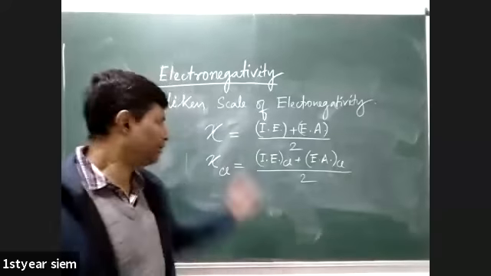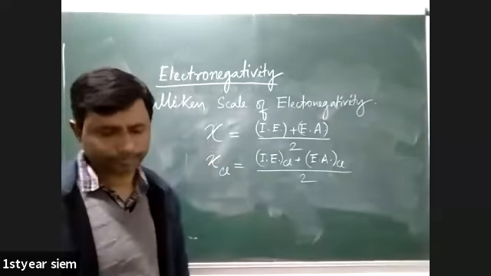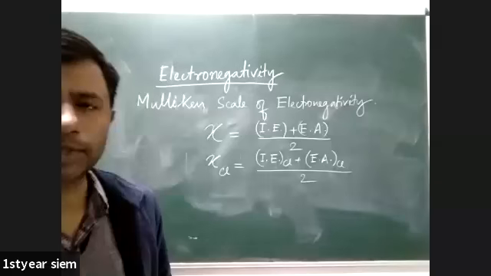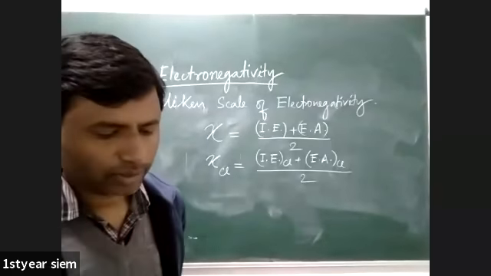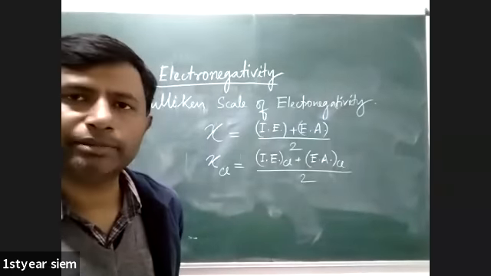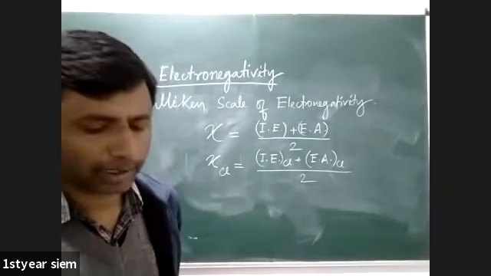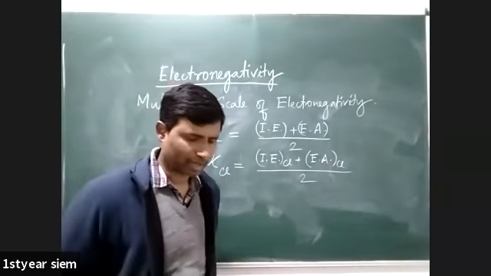In case of the Pauling scale, the bond energy will be given.